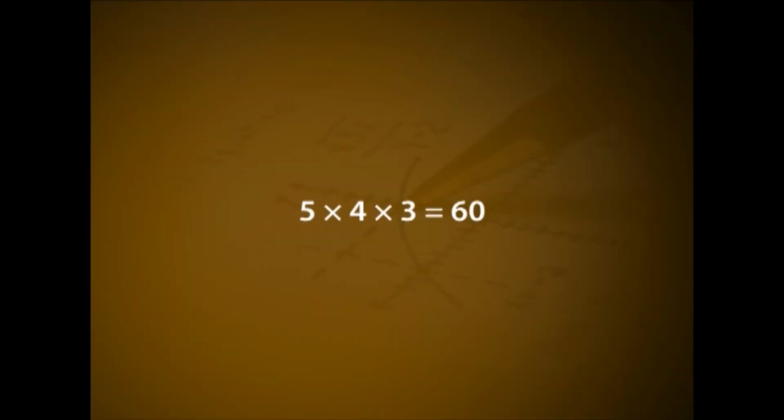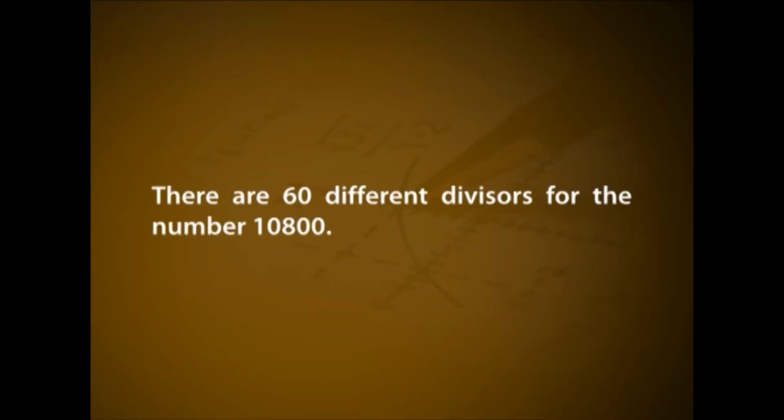From the multi-set, the set of all elements 2, 2, 2, 2, 3, 3, 3, 5, 5, any selection can produce a factor. This can be done in 5 into 4 into 3 equals 60 ways. So there are 60 different divisors for the number 10,800.